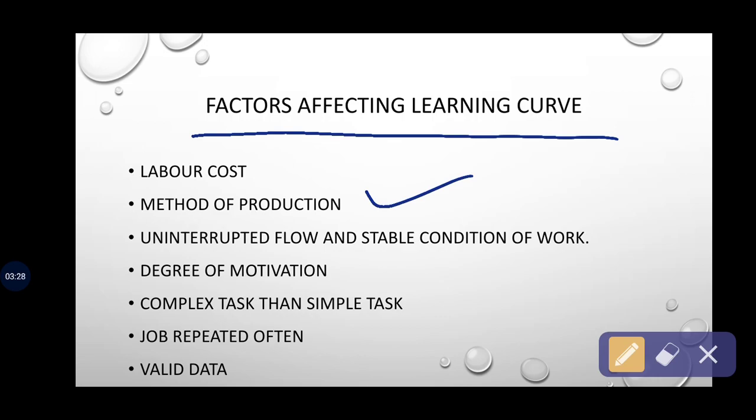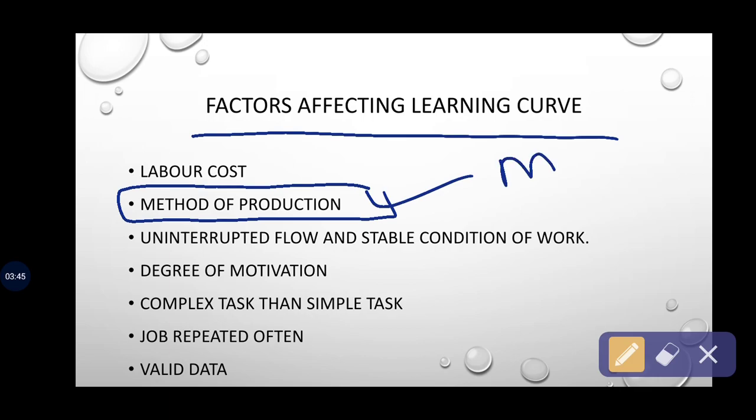For example, mostly the daily laborers in the manufacturing department will be illiterate. They may not know how to operate the machinery. So such workers will take more time to understand the operating guidelines of that specific machine.